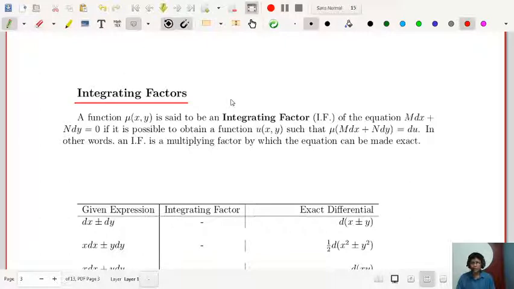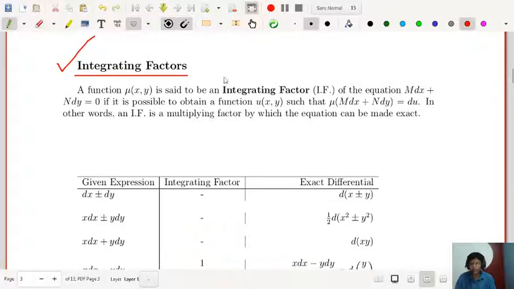It is solvable, but you need an integrating factor to express that equation in the form of du. So you need a multiplying factor actually. After multiplying with this multiplying factor, the equation can be converted into an exact differential. So now let us define what an integrating factor is in more formal language.